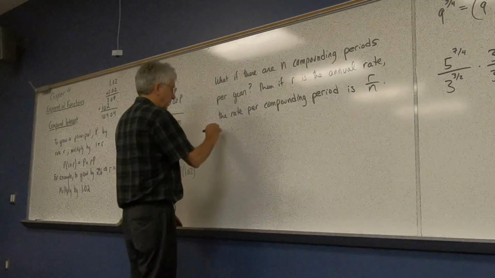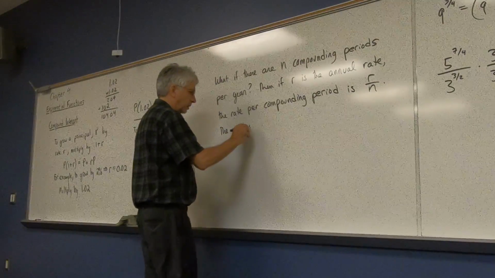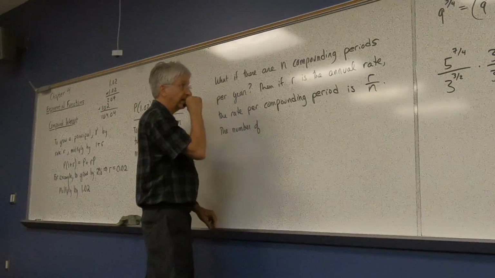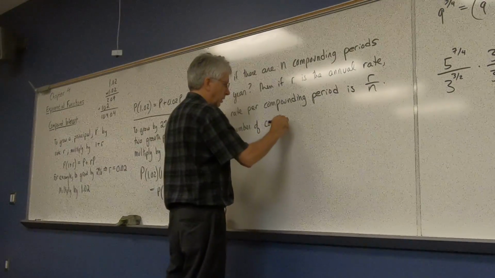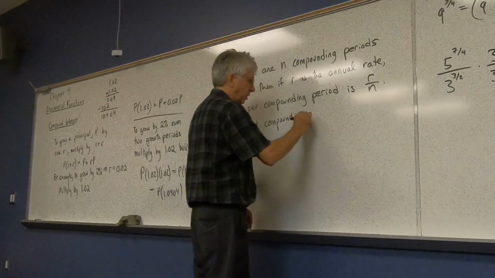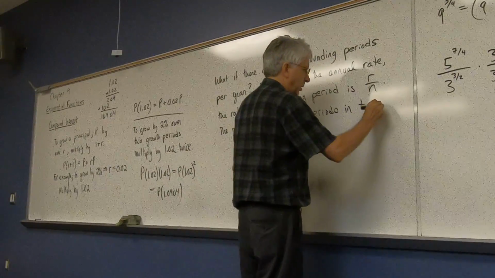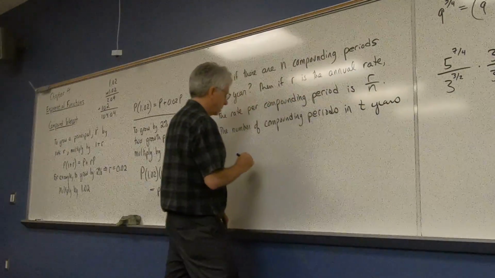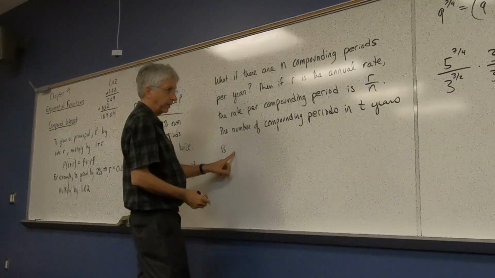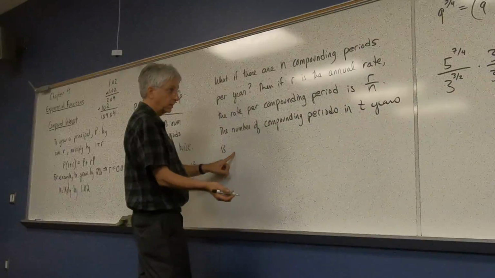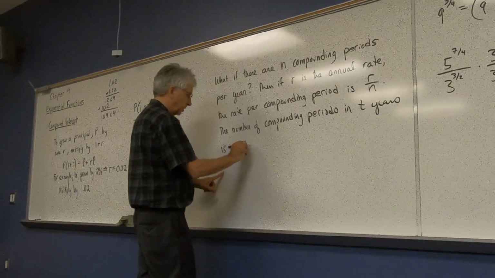And the number of compounding periods in T years would be n compounding periods per year times T years, which gives you n times T.